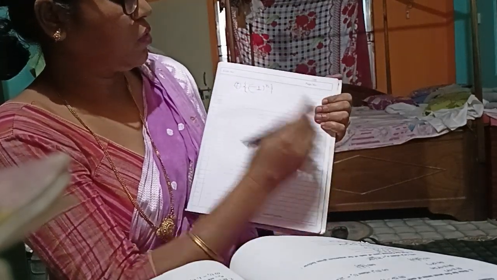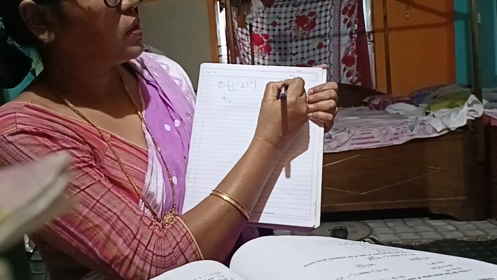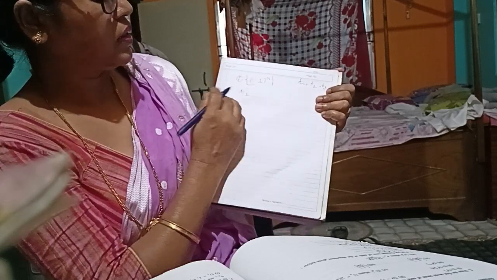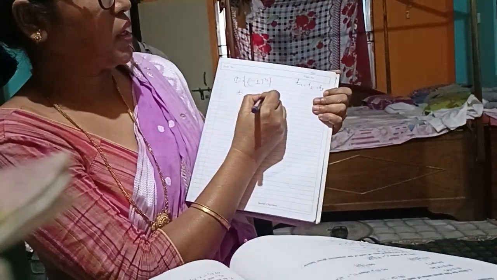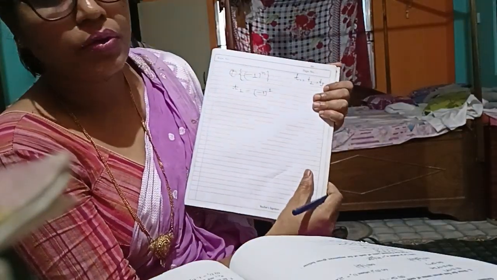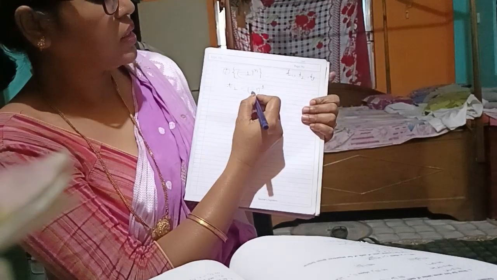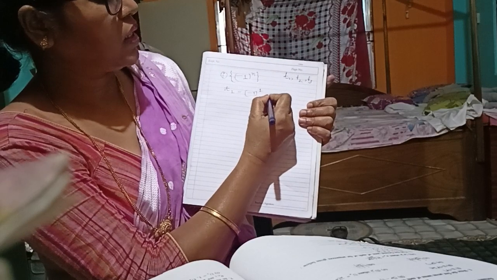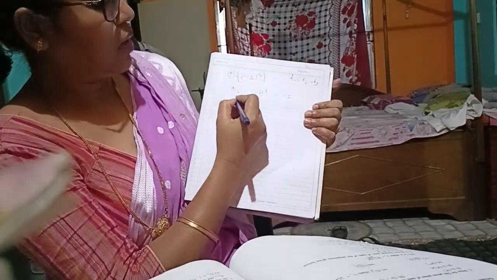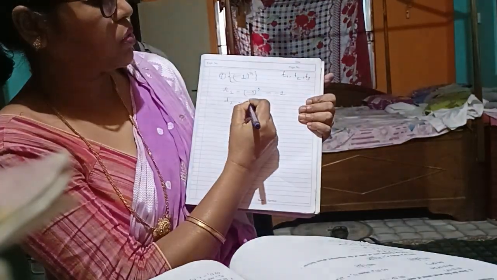You have to find T1, T2, T3. Here T1 is equal to (minus 1) whole to the power 1. You know when the power is odd, the sign is always negative. So it is negative 1.